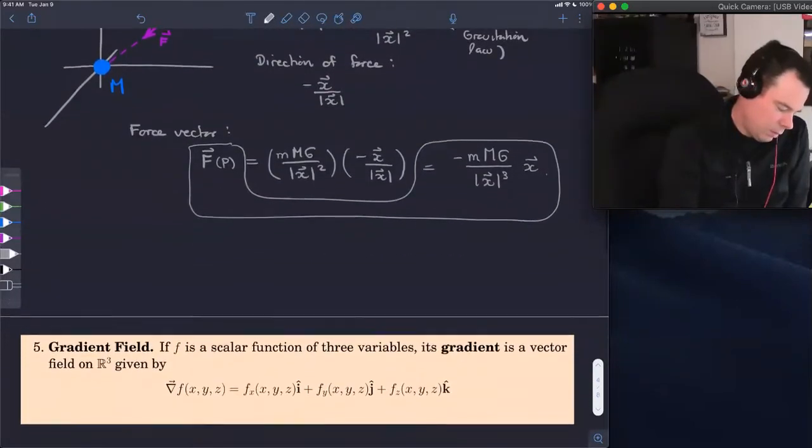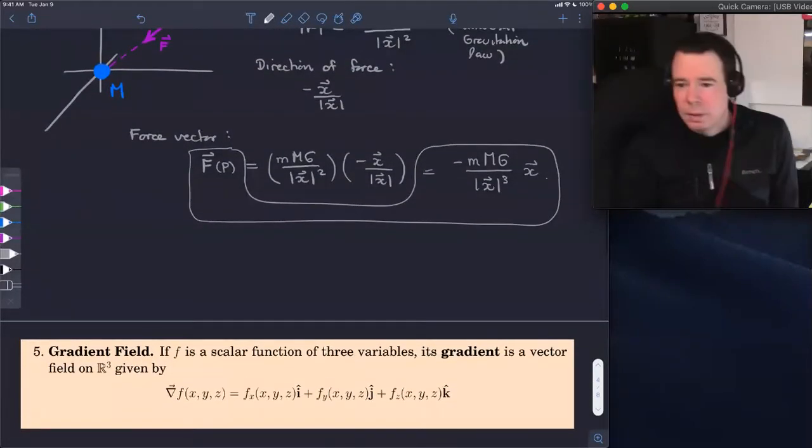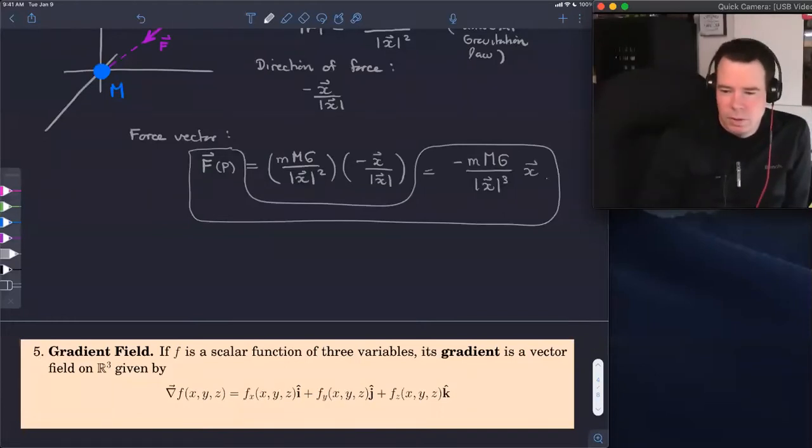Okay, so let's have a look at another vector field that we're already familiar with. This is the gradient vector field. So if f is a scalar function of 3 variables, so the kind of function we've been dealing with most of the course, we could take its gradient. So this is a vector that we've constructed from a scalar function. It's the vector of derivatives.